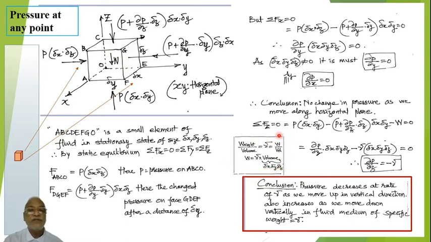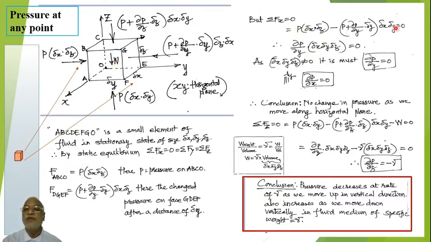This information is useful when you write the equation in the vertical direction. Let us go one by one. Horizontally, sigma Fx equal to 0 is equal to the first force, P into delta x, delta z, minus this one, P plus dou P by dou y into delta y, into delta x, delta z, equal to 0. There is no other horizontal force. The weight is acting in the vertical direction, so it's only this much.